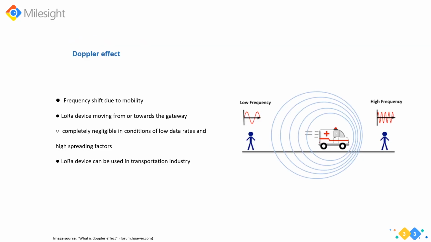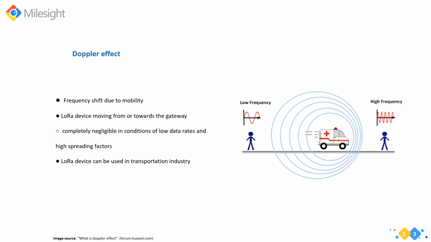And finally, another physical aspect that is important to take care of is the Doppler effect. I think you can still remember the sound changes when a police car or an ambulance, 911, is passing by. I think it's the same with LoRa, when an end device is moving really fast away from a gateway or really fast towards a gateway, the frequency changes.